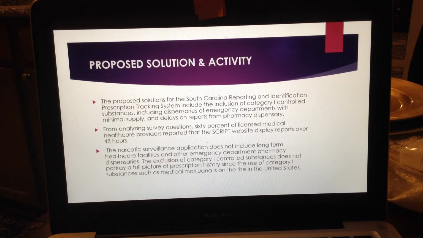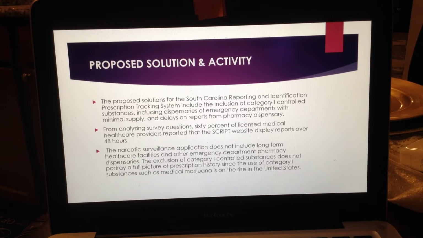For the proposed solution activity, the proposed solution for the South Carolina reporting and identification prescription tracking system includes the inclusion of Category 1 substances, since most other forms of pain control are emerging in the healthcare field and are being prescribed.